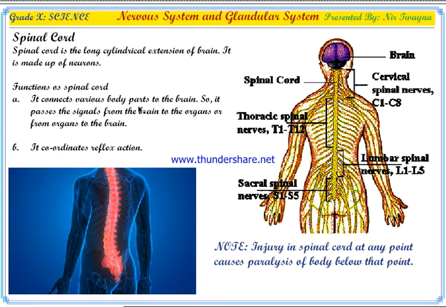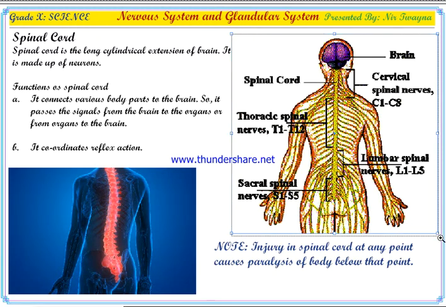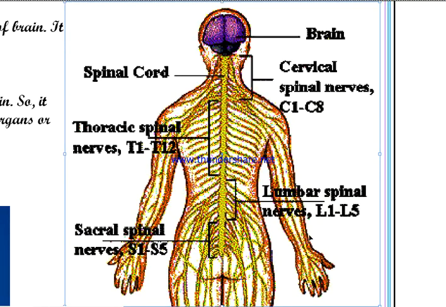It connects various body parts to the brain. In this diagram, which is very simple, you can see this is the brain. Suppose that I am talking about fingers. These are my fingers and this is my brain. You can see my brain and my finger are not directly connected.